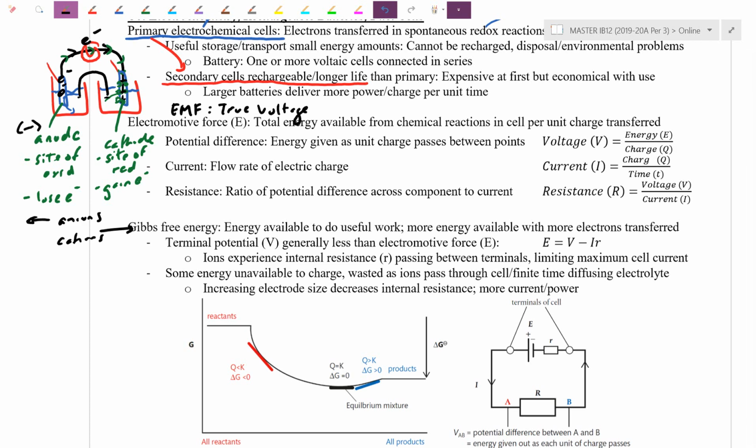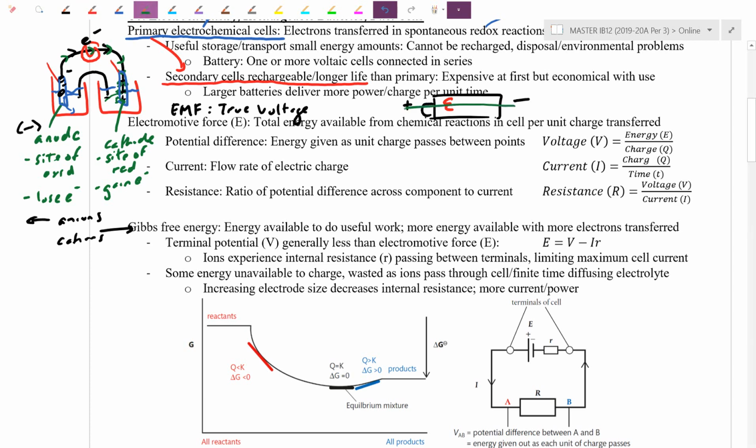But when manufacturing the battery, we have to design where the wiring goes and what components it travels through, so we end up losing some of this voltage by the time we hit the terminals. Let's say I have an AA battery with a positive terminal and a negative terminal. The true reactions are happening in here. That's providing a true EMF, the total voltage that I should have gotten.